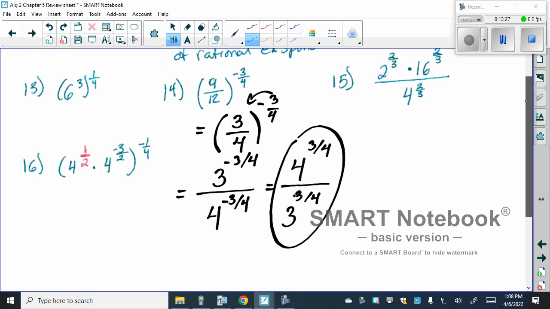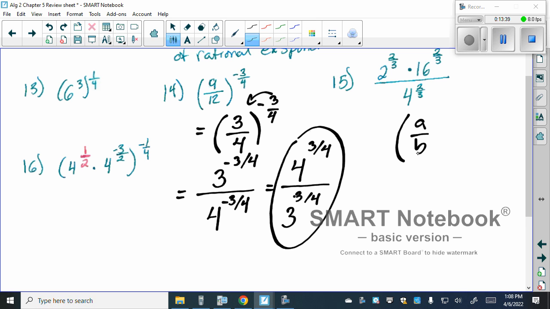Now, really at this point, we could have switched the 3 and 4 and made the exponent positive, because that works as well. What I'm saying by that is a over b to the negative 2 would be the same as b over a to the 2.